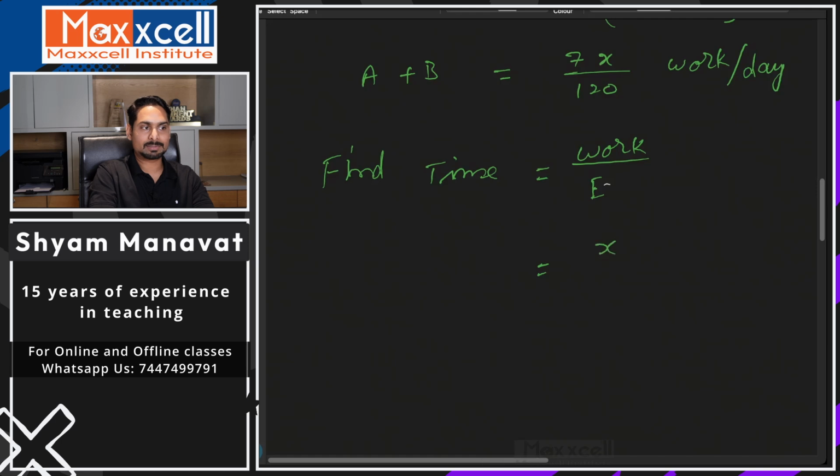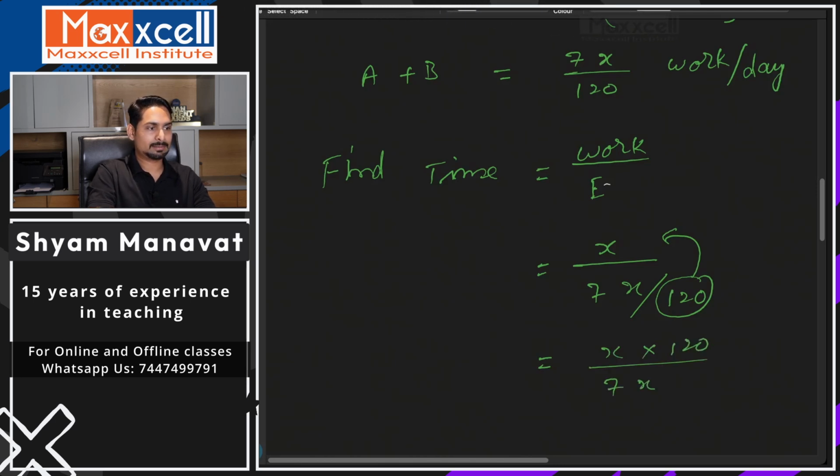X. That is the work which we need to complete as per the question. Divided by efficiency, which is 7x by 120. Correct? You remember the denominator will go into the numerator. Yeah, great. So it's x into 120 divided by 7x.